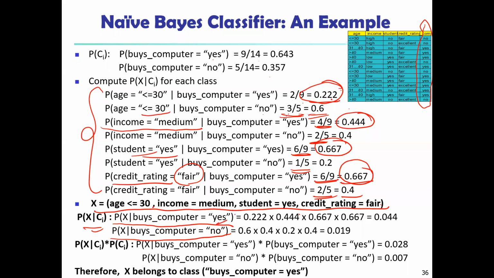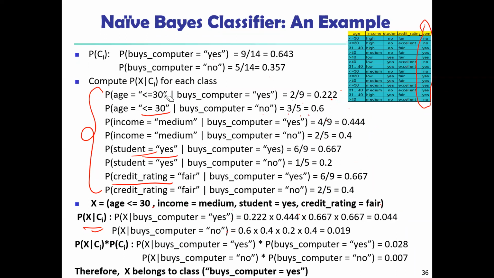We got 0.044. Now find the same for no values. For no: 0.6 into 0.4 into 0.2 into 0.4. We got 0.019.